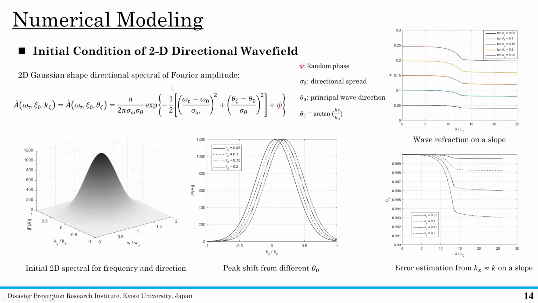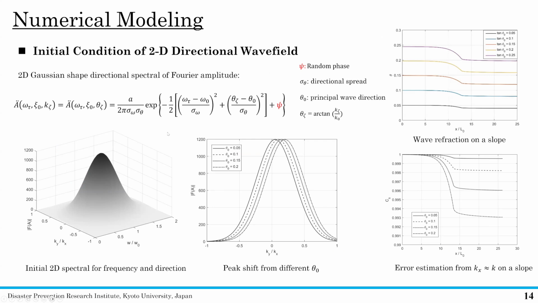In the 2D case, we can consider directional dispersion for an irregular wave group. In the 2D Gaussian shape, now the initial spectrum has two dimensions: first the wave number in the y direction, and then the frequency spectrum. So it is a 2D Gaussian spectrum. We can also consider the oblique case.